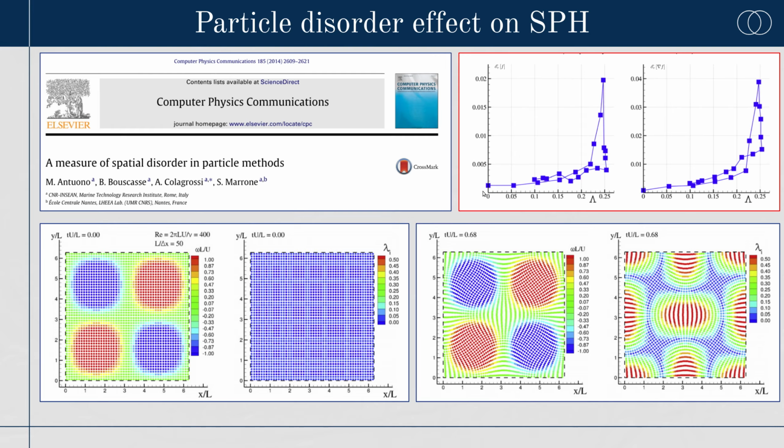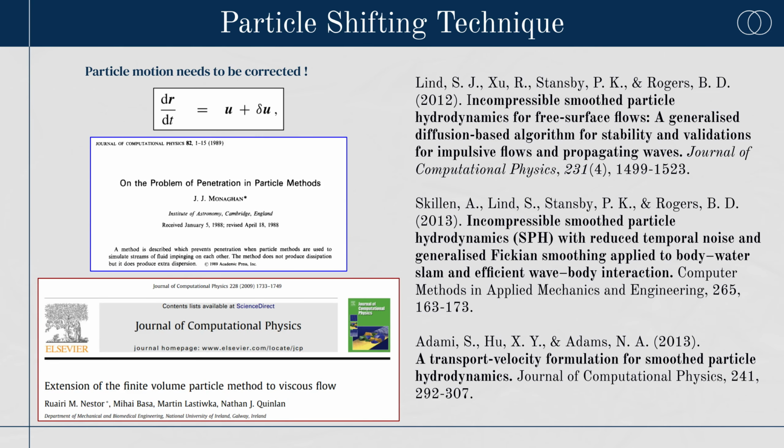In particular, for this example, you see that after reaching a peak, the interpolation error starts to decrease. If we want to avoid this kind of dynamic behavior and keep the interpolation error within prescribed thresholds, we need to modify the particle advection by introducing a particle shifting technique.